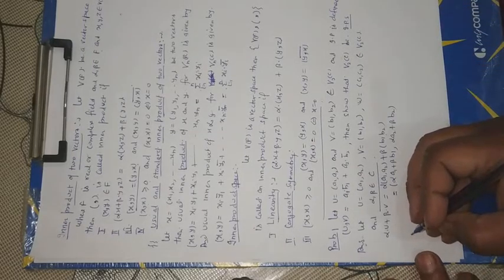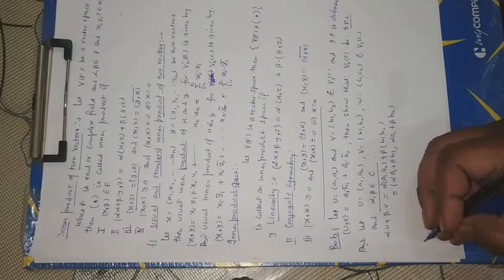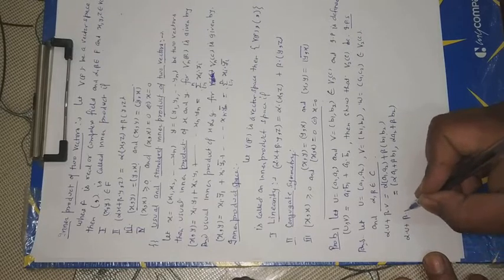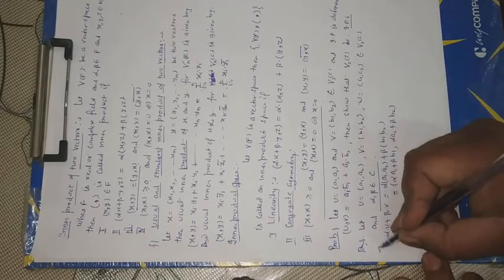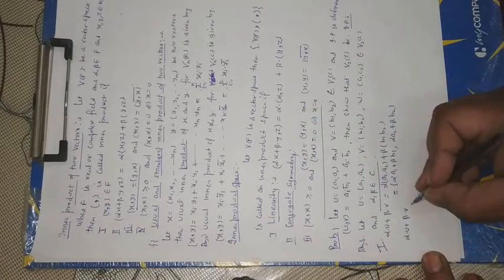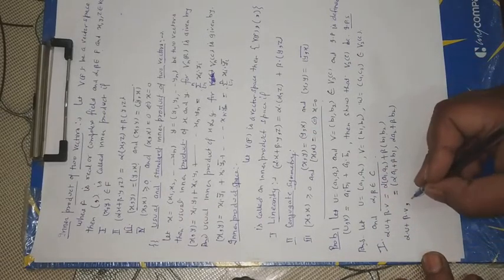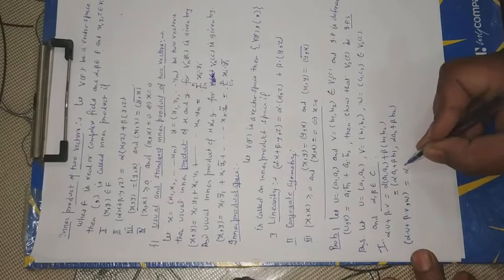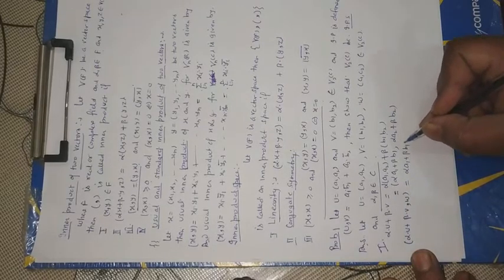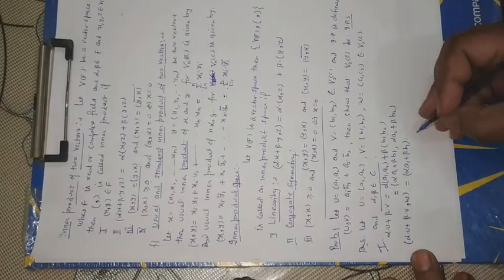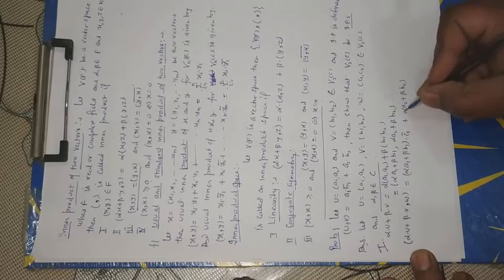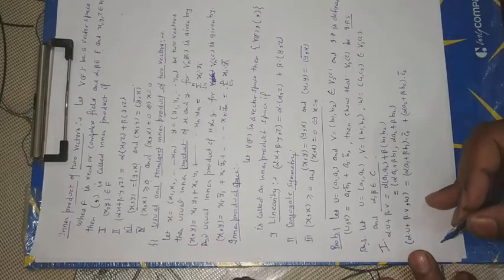Now we take linearity. For linearity, we take alpha into u plus beta into v. We can say this is the first property, linearity. Alpha u plus beta v inner product with w can be written as (alpha a1 plus beta b1) into c1 bar plus (alpha a2 plus beta b2) into c2 bar.